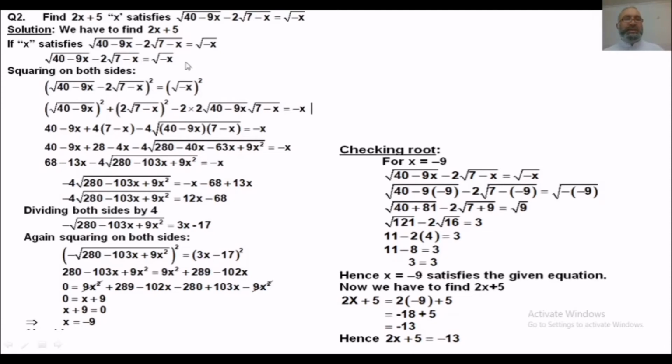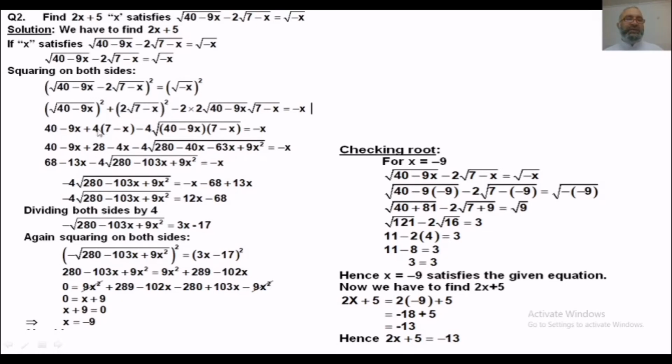On the right side there is only one term, so simplifying the left side by a minus b whole square, we have the square of a, the first term, plus the square of the second term, minus 2 into first term into second term, is equal to, on the right side, square root cancels with square, minus x. So again, by simplifying these, square cancels with square root, we get 40 minus 9x plus the square of 2, here the square of the whole factor. So first of all we take the square of 2.